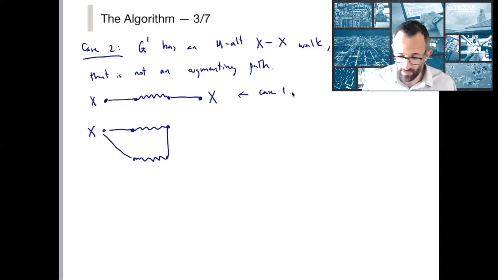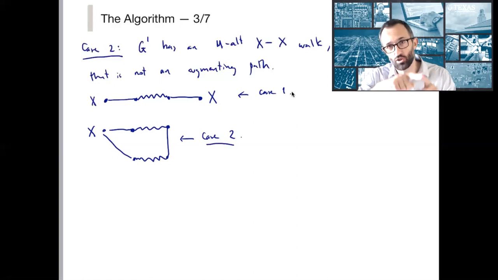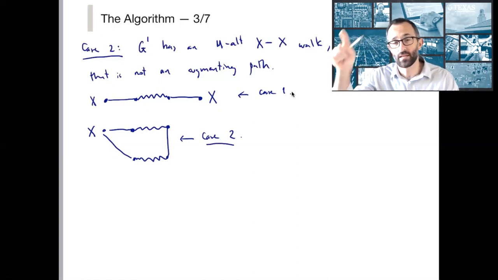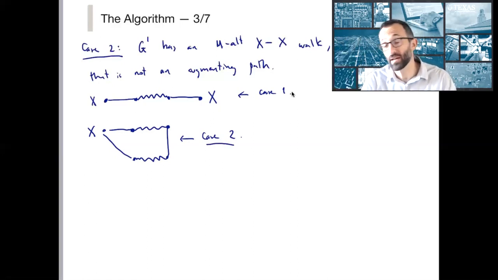That goes from X to X. So this is more what we have in mind when we have case two, and it's exactly what's illustrated in this situation. So in case two, if we have a walk that starts in X and ends in X, but is not an augmenting path, or does not contain an augmenting path, it must mean that no matter what it is, it contains a flower.